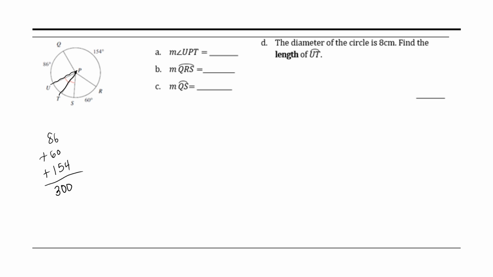And then I have these two angles which are congruent that make up the rest of the circle. So 360 minus 300 would be 60. And I have two angles that are the same size that make up that 60. So 60 divided by 2 would be 30. That means UPT is 30 degrees.